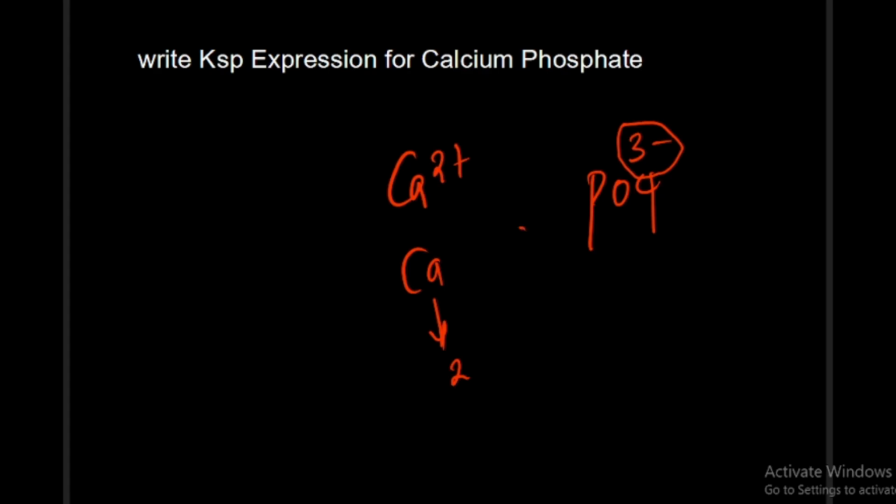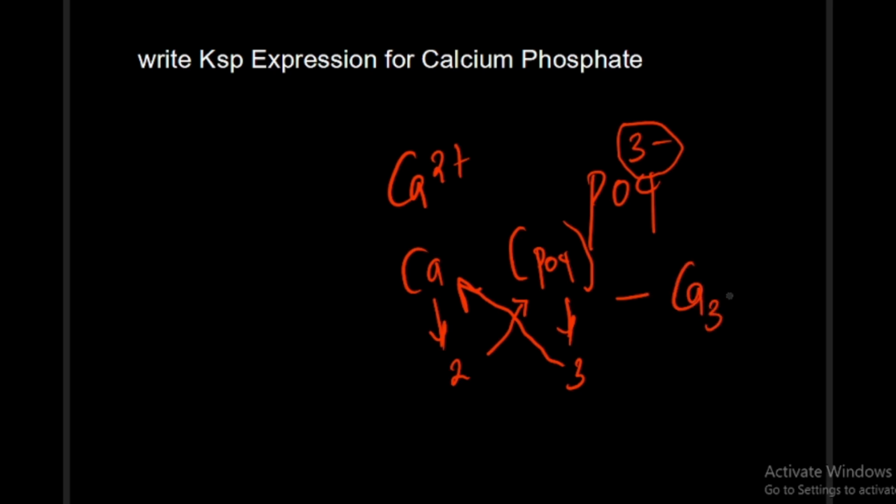So the charges cross over: these move here and these move here. You are going to get Ca3. Remember the PO4 is in brackets, so it will be PO4, and then the 2 will be here. So the formula for calcium phosphate is Ca3(PO4)2. This is now the chemical formula.